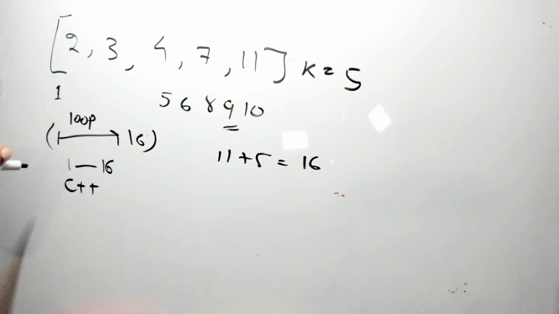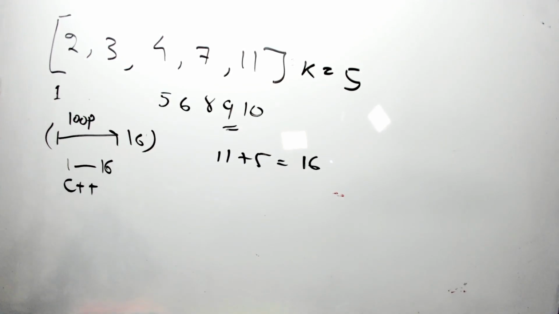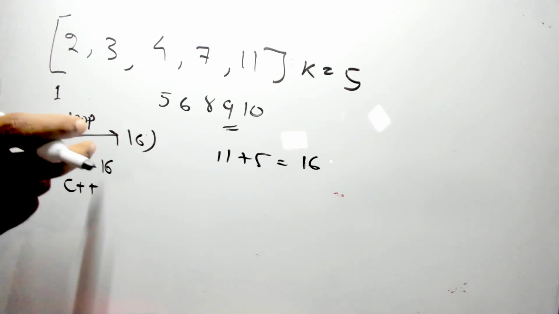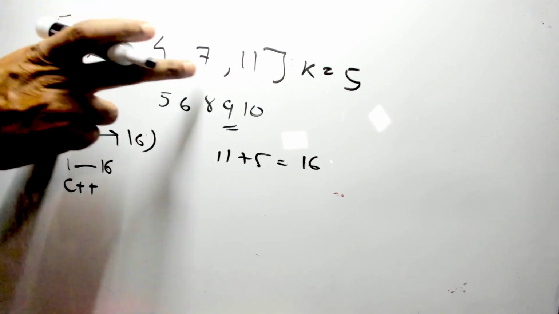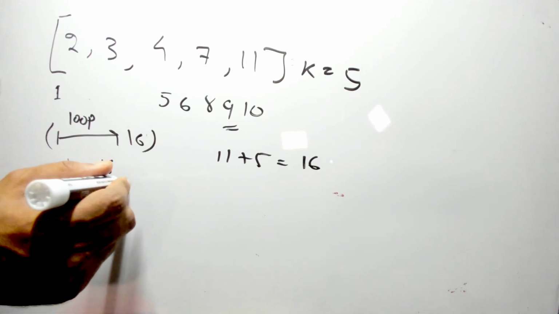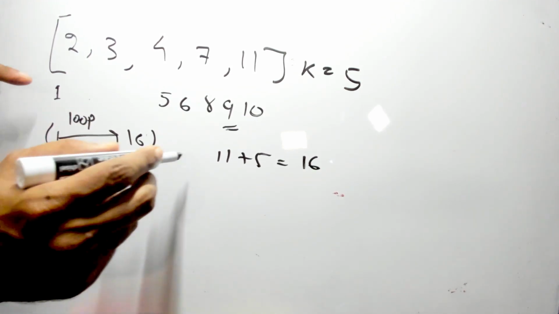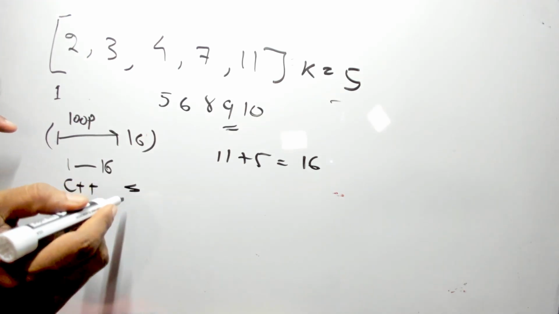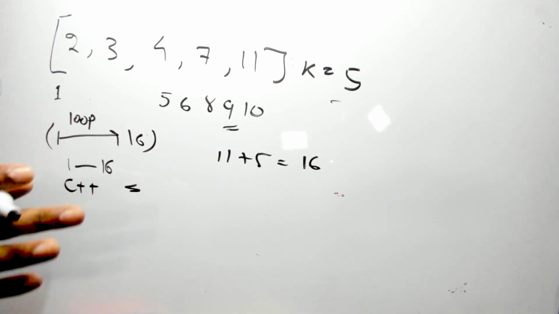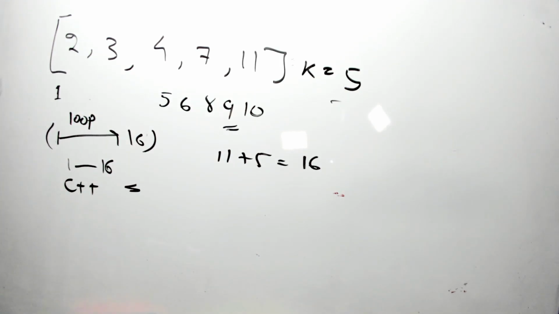We initiate a count with 0, and every time we don't find a number from the range inside our array, we do count plus plus. When our count becomes k, we return this number from the loop, and that will be the answer. This is the simplest one, and it will be O(N) complexity.